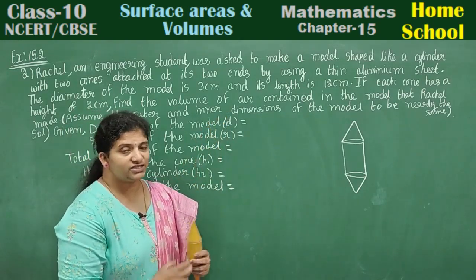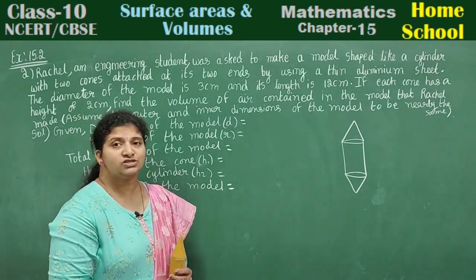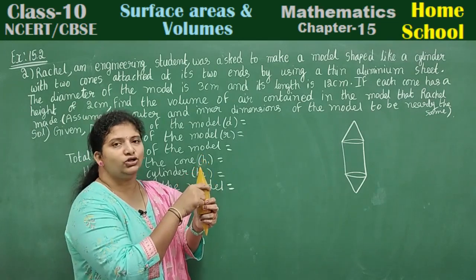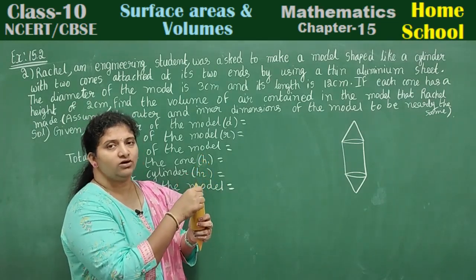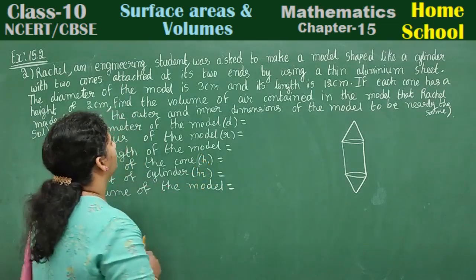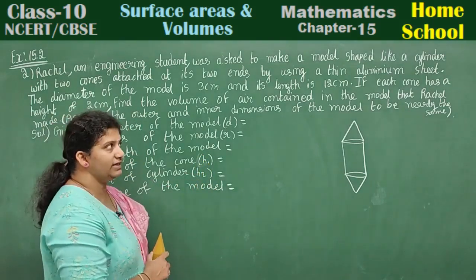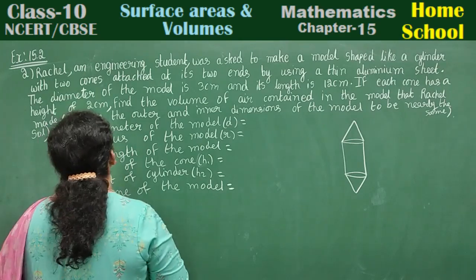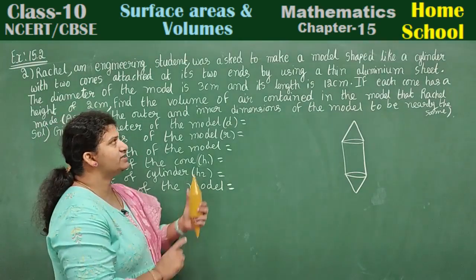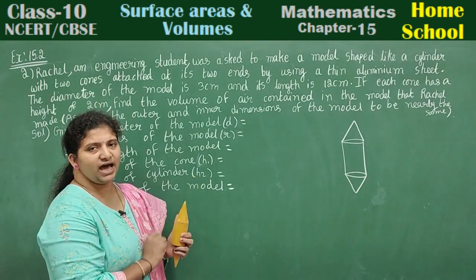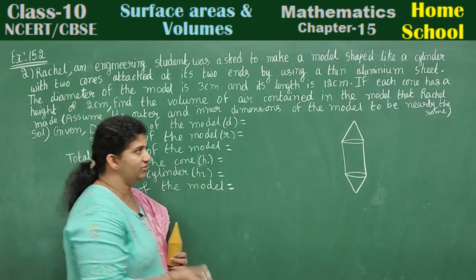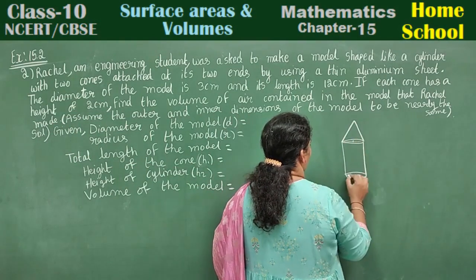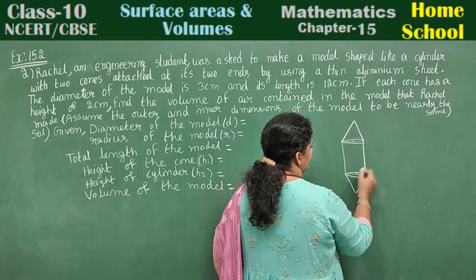Rachel, an engineering student, was asked to make a model such that a cylinder and two cones are placed on the top and bottom, at the two ends of the cylinder, by using a thin aluminium sheet. The diameter of the model is 3 centimeters. What is the diameter of the model? 3 centimeters. That means from here to here it is 3.